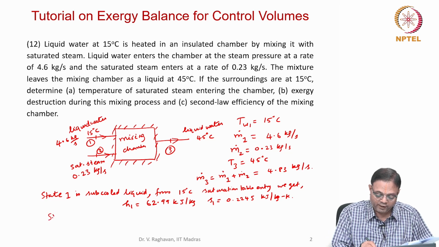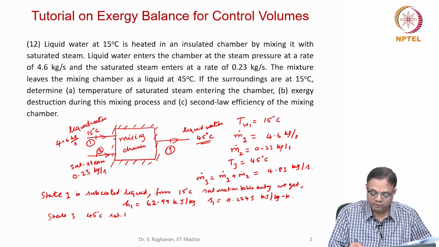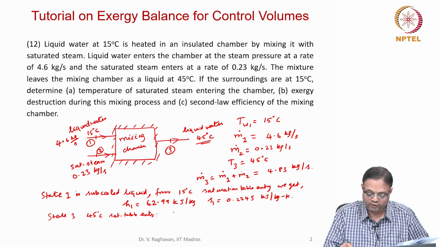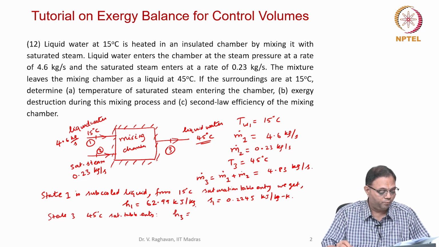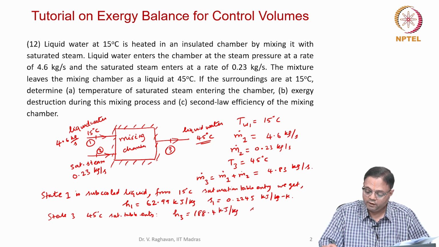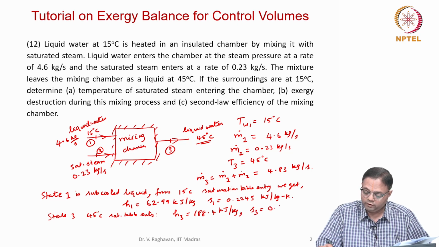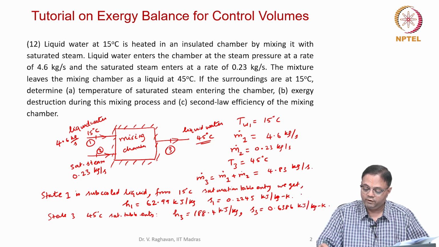Similarly, I will get the state 3 properties. Again, it is liquid at 45 degrees. So, from 45 degrees saturation table entry, HF and SF are taken. Okay. So, H3 will be equal to 188.4 kilojoule per kg and S3 will be equal to 0.6386 kilojoule per kg Kelvin.